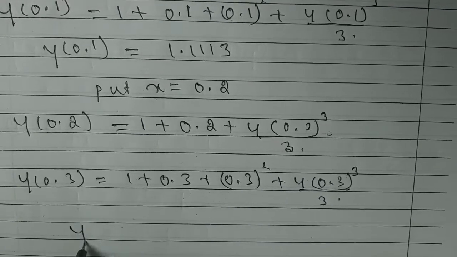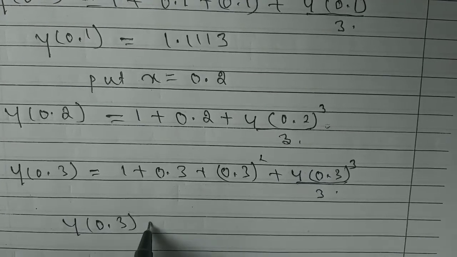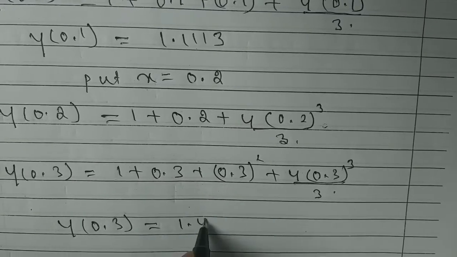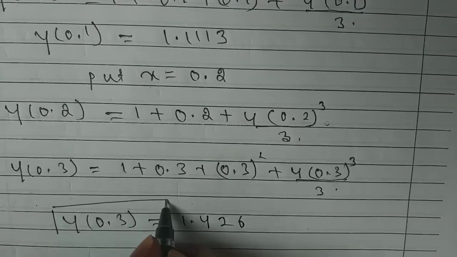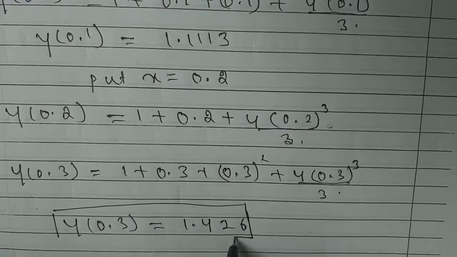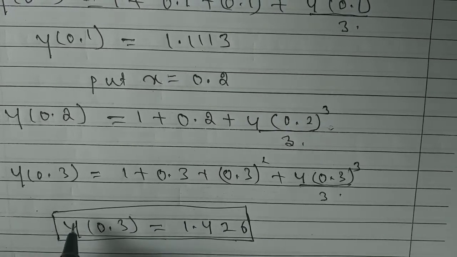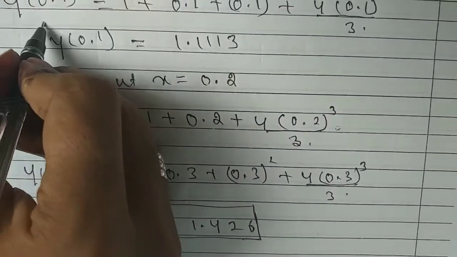So here we will get y of 0.3 is equal to 1.426. So dear student, in this way we can solve problems on the Taylor series method.